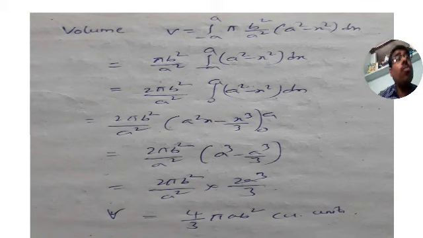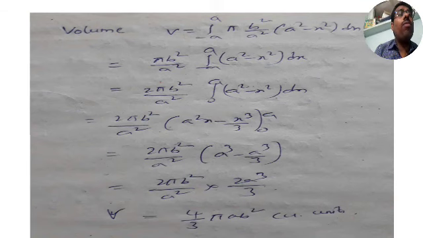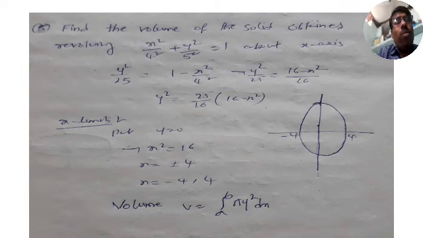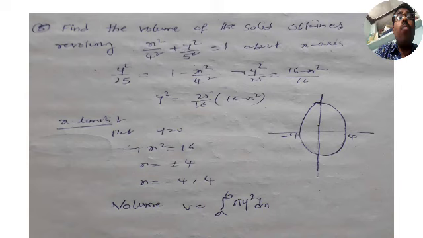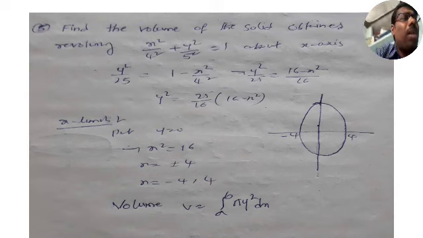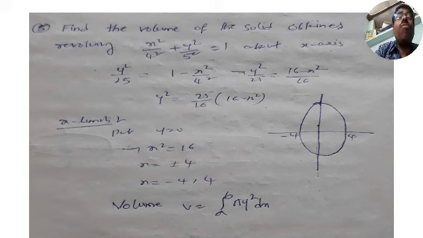So quickly let us move to the next problem so that we can cover more problems, guys. Now you see, find the volume of a solid obtained by revolving the ellipse x square by 4 square plus y square by 5 square is equal to 1 about the x-axis. Again about the x-axis, but the major axis is about the y-axis, because 5 is greater than 4.